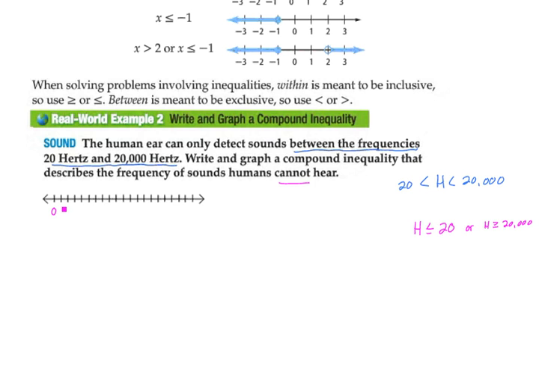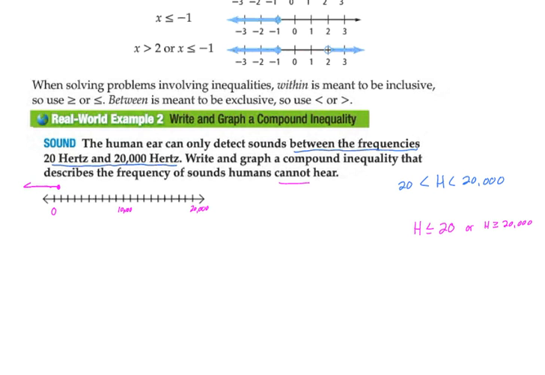Okay, graphing that is going to be kind of tricky because we have some pretty big changes there. So I'm going to start with 0 here. Each one is going to be 1,000. So there's 1, 2, 3, 4, 5, 6, 7, 8, 9, 10,000. 1, 2, 3, 4, 5, 6, 7, 8, 9, 20,000. Okay, that 20 is probably about right here.